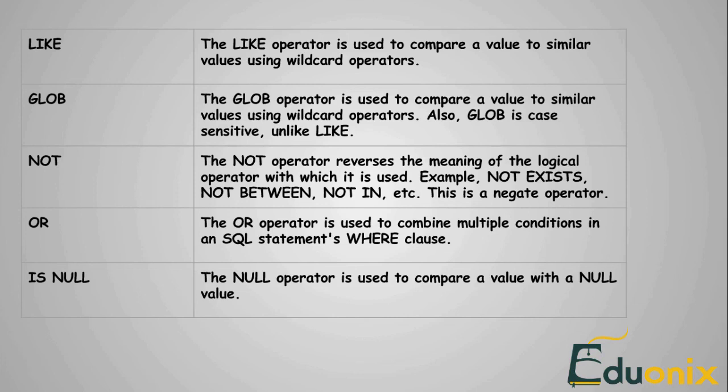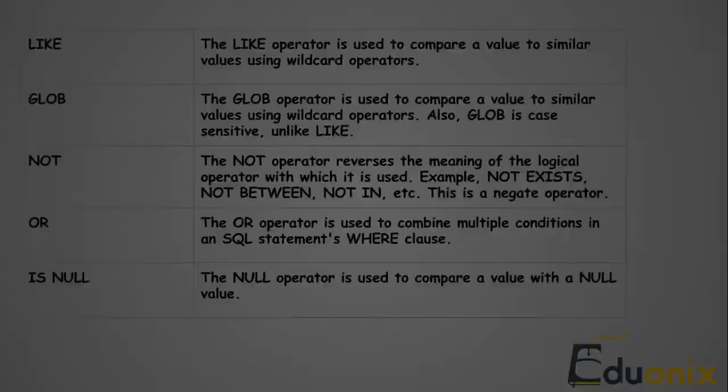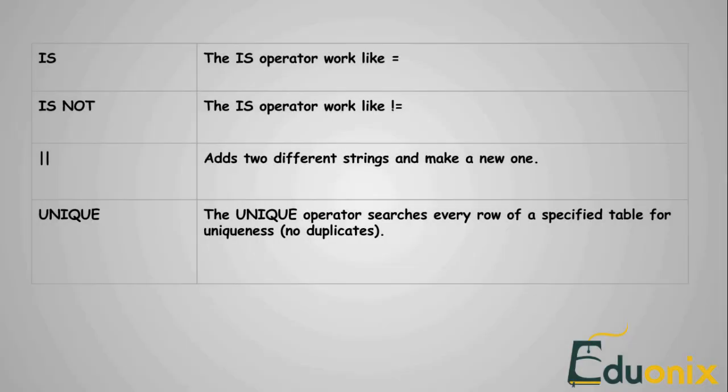Then there is the OR operator. So again it is used to combine multiple conditions. But here we can say total is equal to 13 or name is equal to John. So it helps in laying out the OR clause. Then there is the IS NULL operator to search for those rows where the data for a particular column is null. Then there is the IS operator.